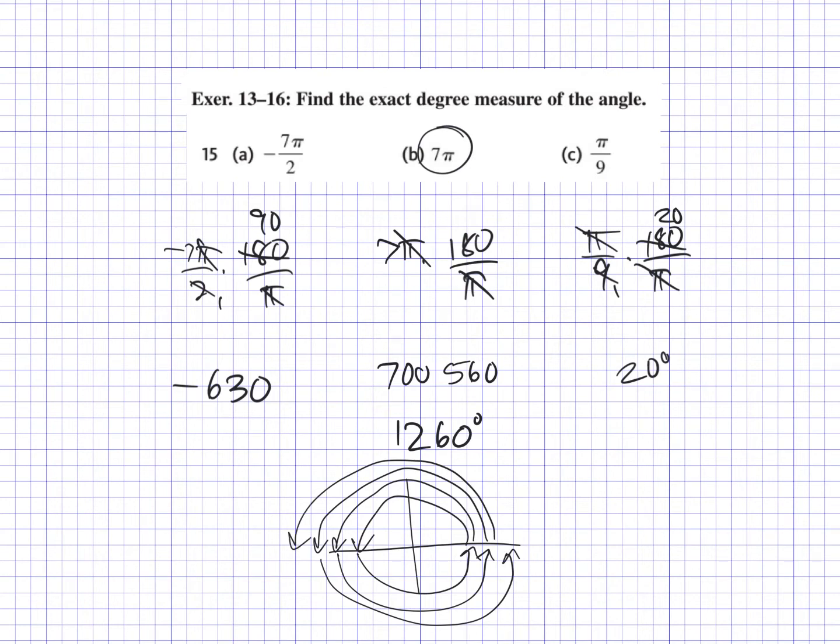So how many times did we go around? 1, 2, 3. 3 full times around. So 360 times 3 is 1080, plus another 180 degrees is 1260. Look at that. So it does work. You could just try to figure it out by doing it the long way, but it's easier if you just do the conversion.